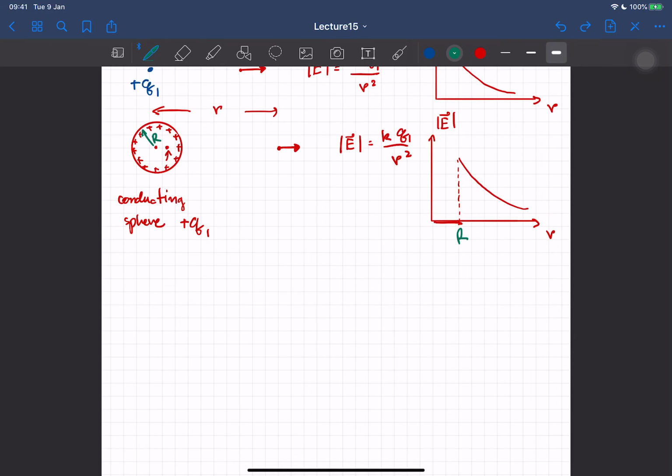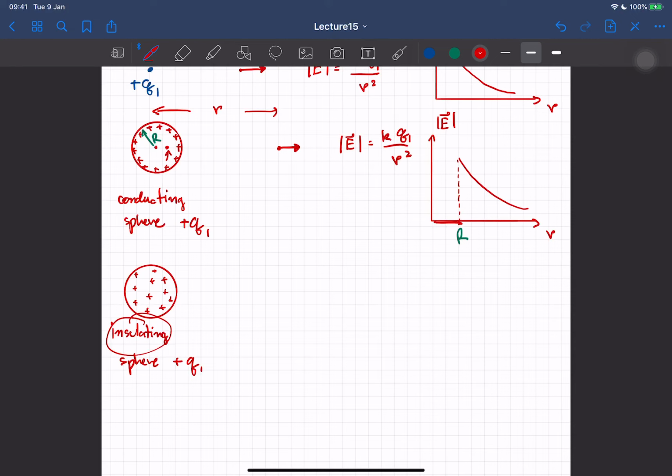Now, what about a sphere that is not a conducting sphere, but an insulating sphere, so a non-conductor, where the charge is evenly distributed everywhere in this sphere?